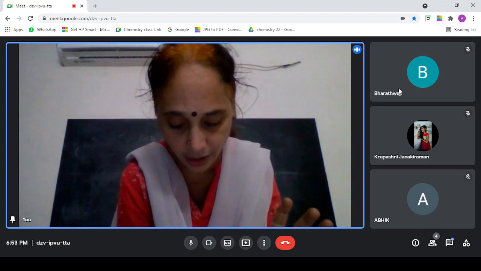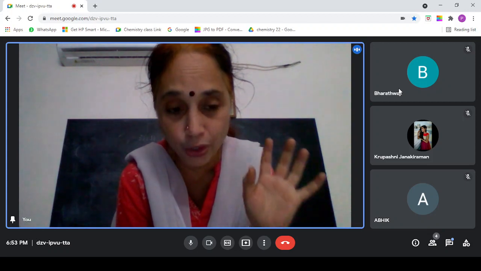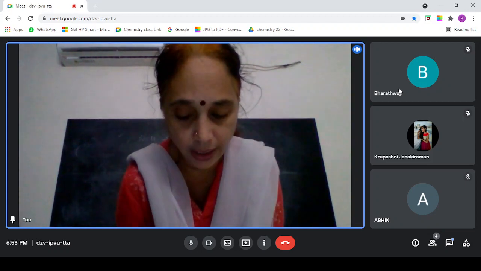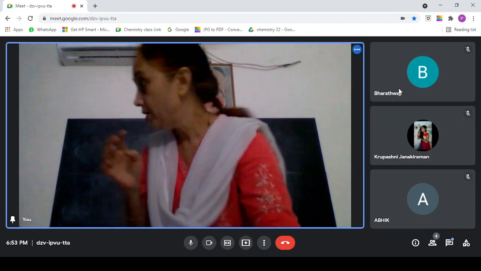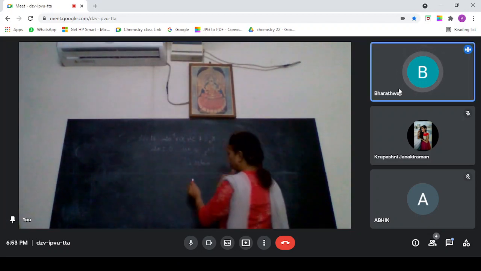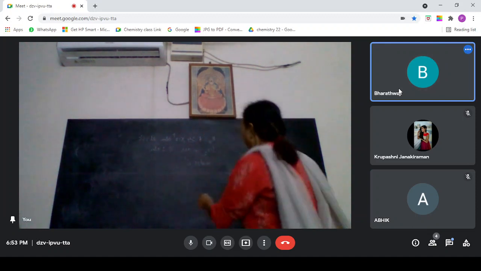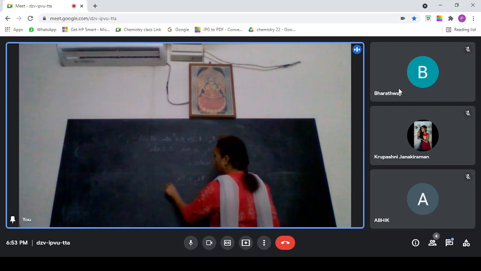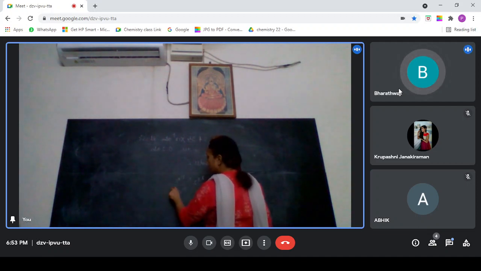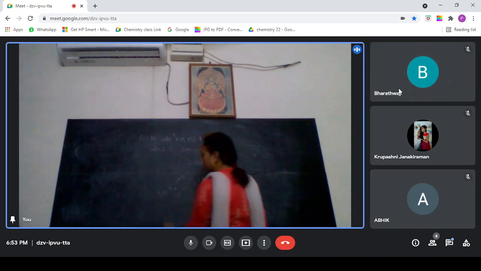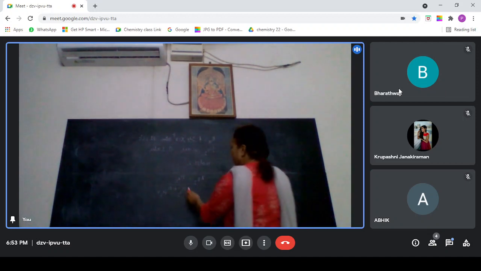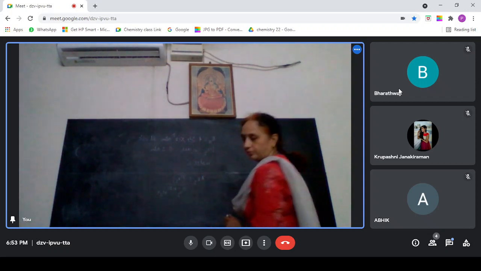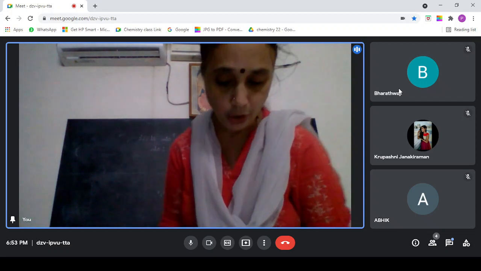From mole fraction, you have to calculate the number of moles of oxygen per liter in 1000 grams of water. After finding mole fraction, mole fraction is equal to partial pressure by Henry's constant, and also the number of moles of oxygen by moles of oxygen plus water. They're asking you to find out the number of moles of oxygen.